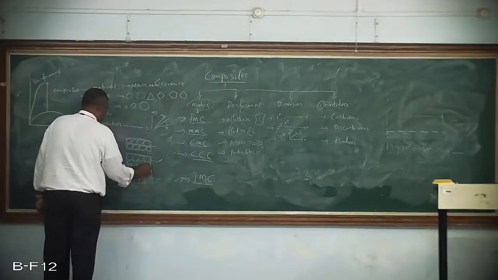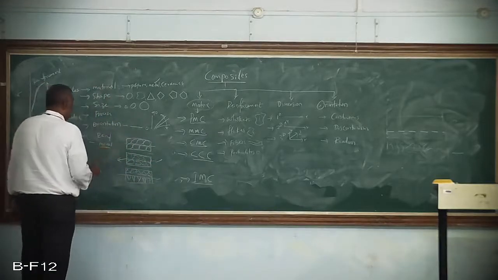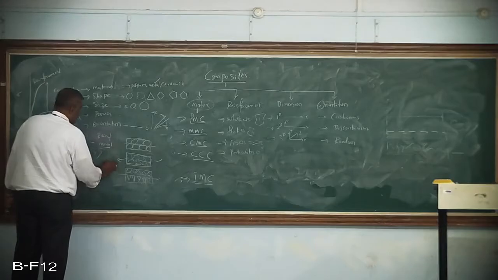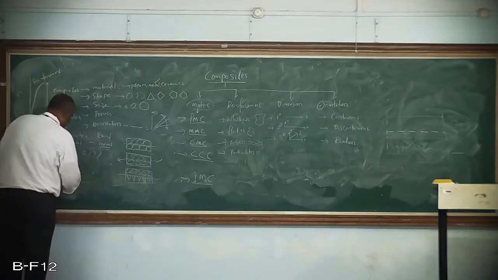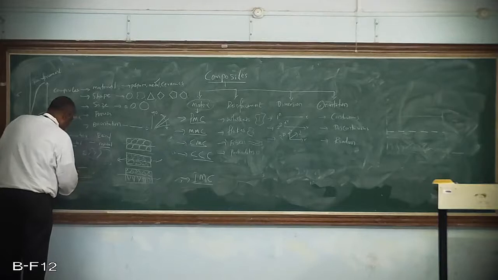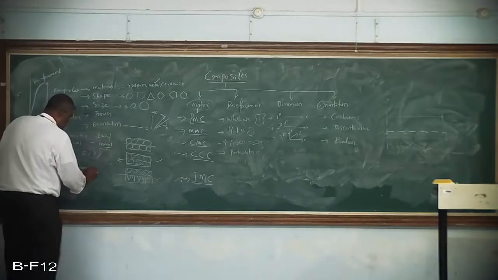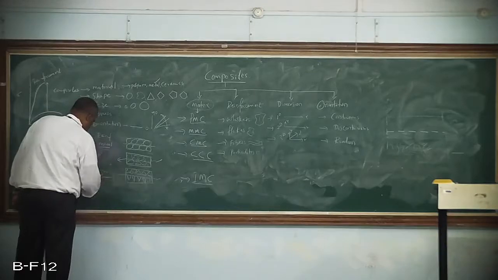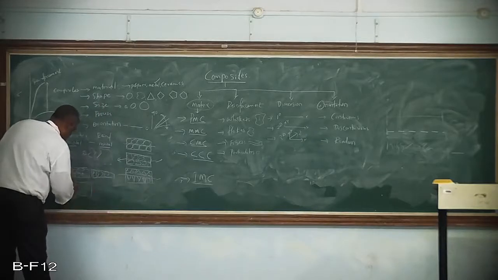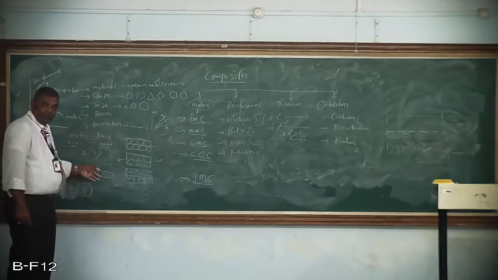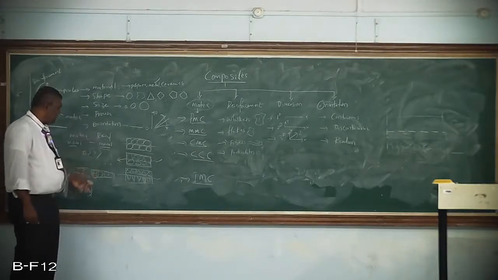Now assume that I have fixed this. What size of particulates am I going to use, whether like this, like this, or like this? In a given volume, I can have smaller particles. So I can have small, medium and large.